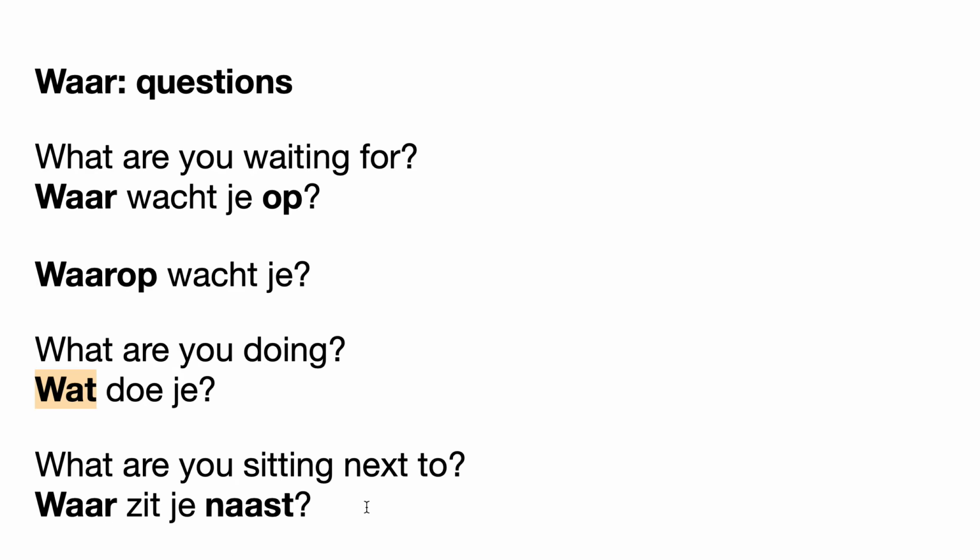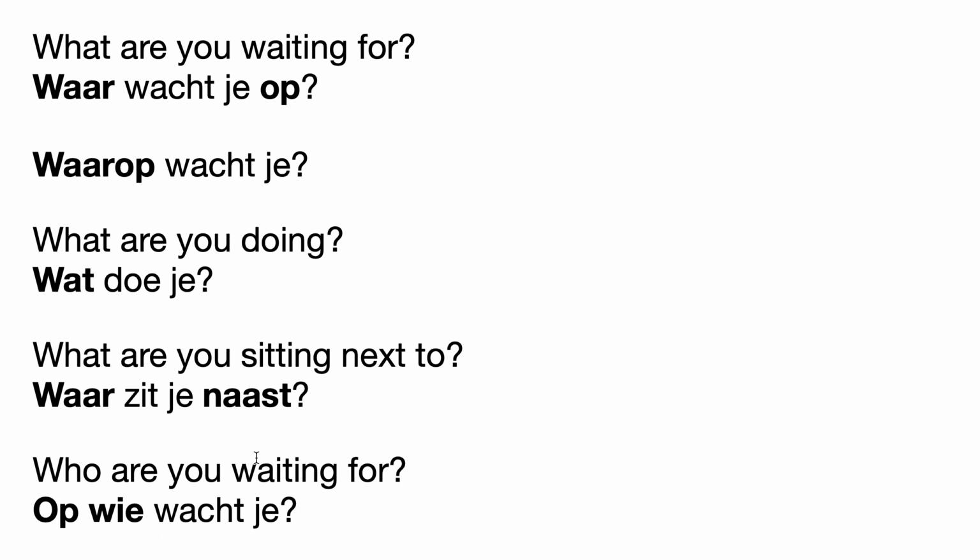Cool. Another example, what are you sitting next to? Waar zit je naast? Here again you can simply add the naast to the zit je, so it would become waar naast zit je. And again, if you're talking about people, use wie instead of waar. So op wie wacht je? And in English, this preposition will be at the end, but in Dutch it's in front here with the wie.